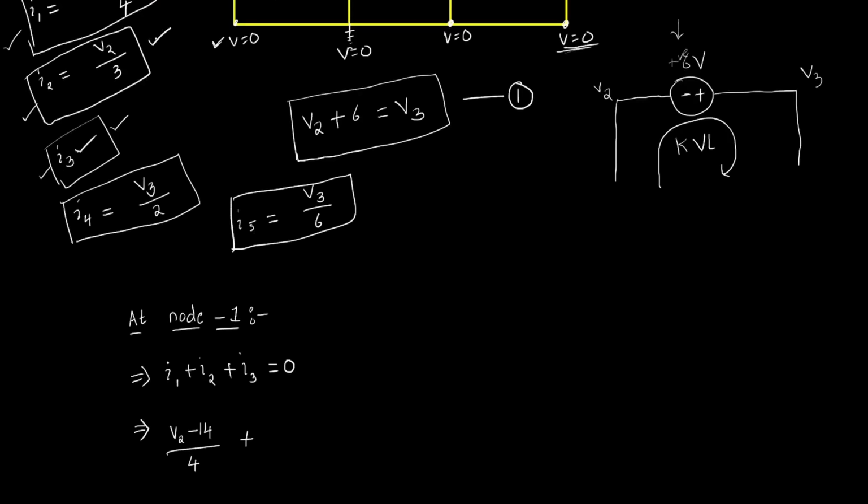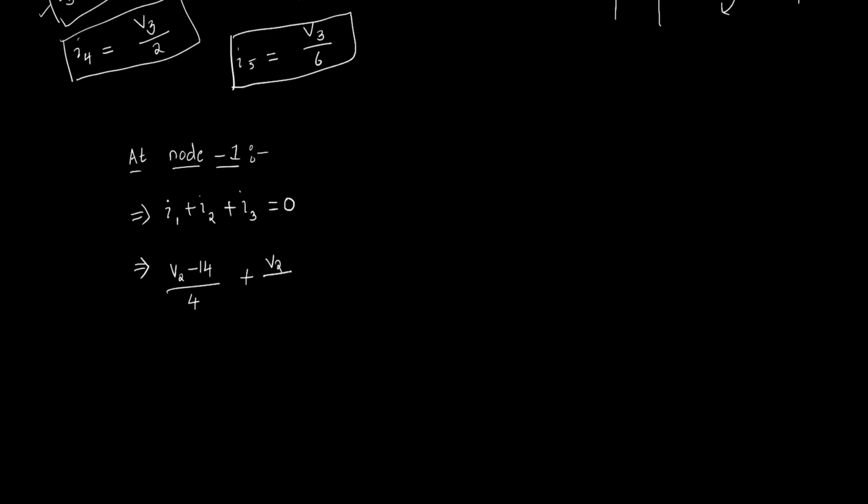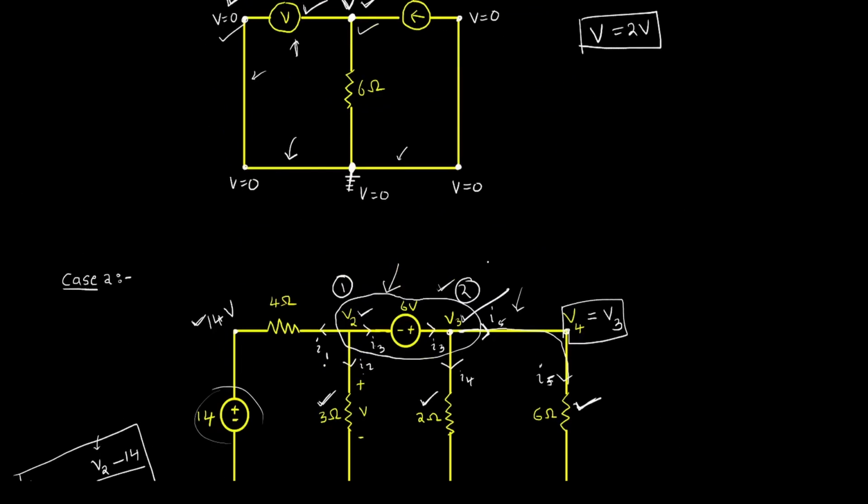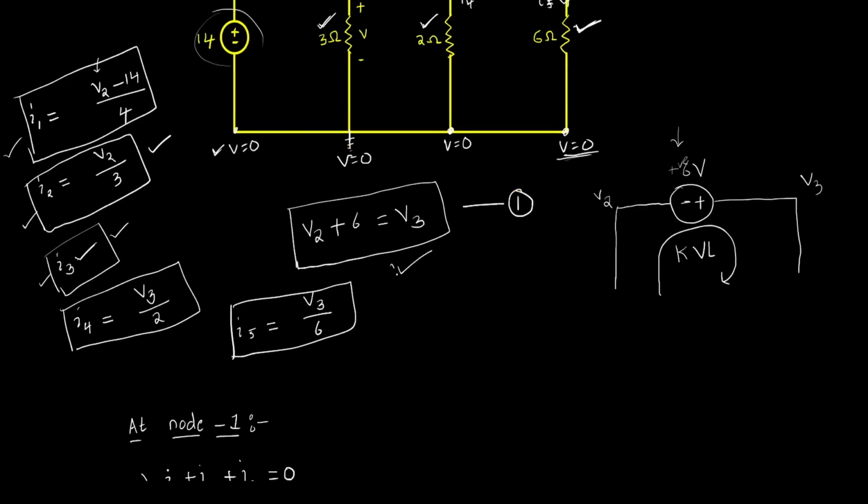So here the I2 is V2 by 3 plus we need to leave the value of I3 as it is, as the current I3 is passing through a super node. So let us consider this as equation 2, as we have already considered this as equation 1.